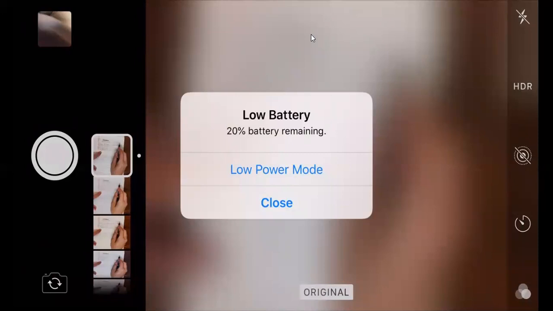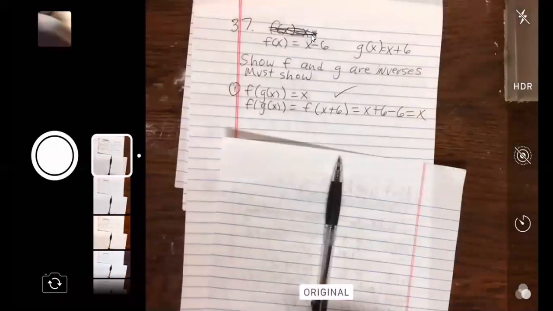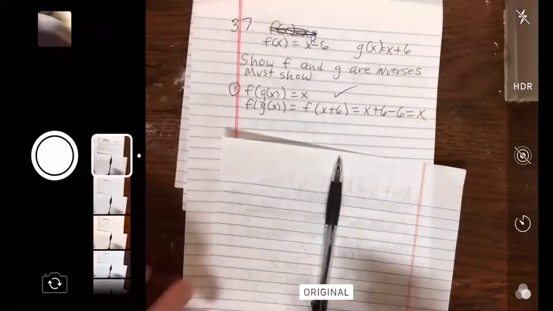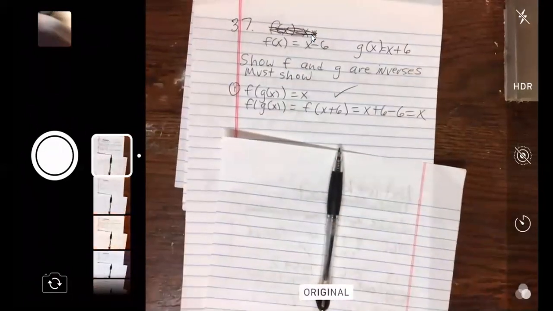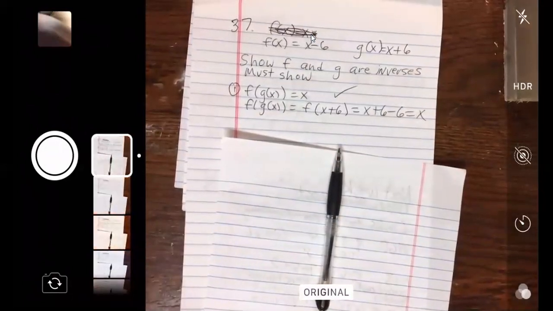And I'm getting a low battery. I better go ahead and somehow hope it'll keep going. Let me just double check my computer real quick.